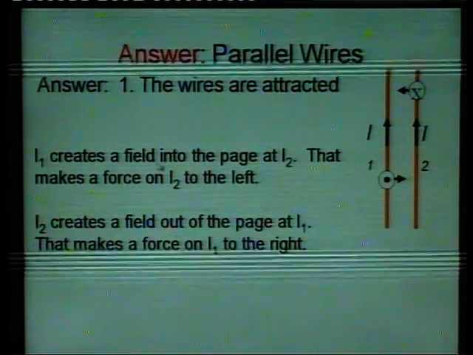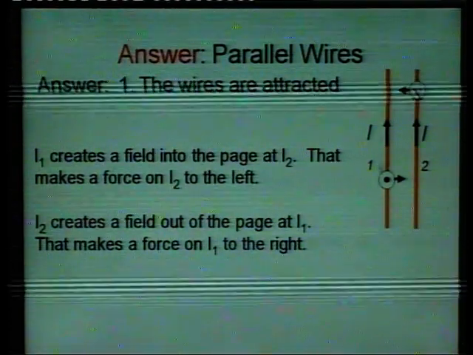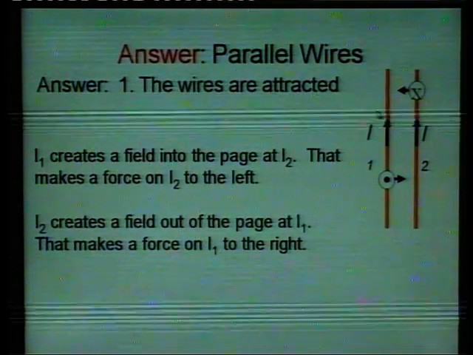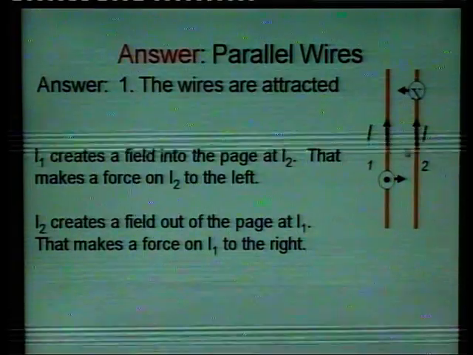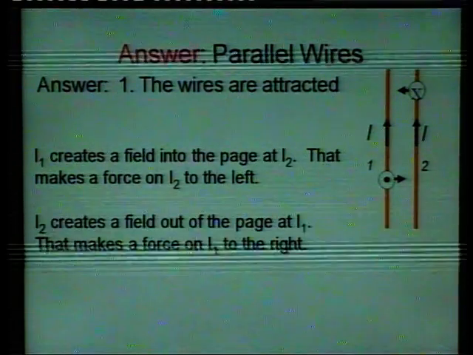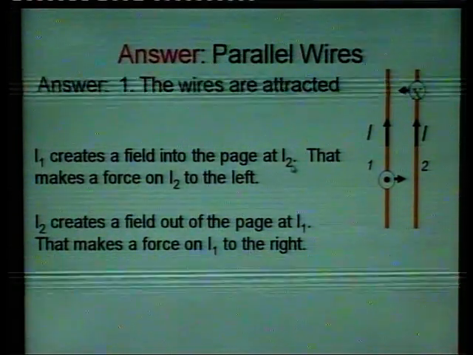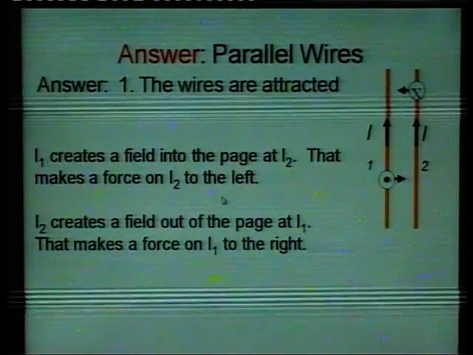I1 creates a field into the page at I2. Using the right hand thumb rule, we can solve this problem very easily. With the curling of the fingers, from this side the field is entering into the plane of the paper. So I1 creates a field into the page at I2 that makes a force on I2 to the left.